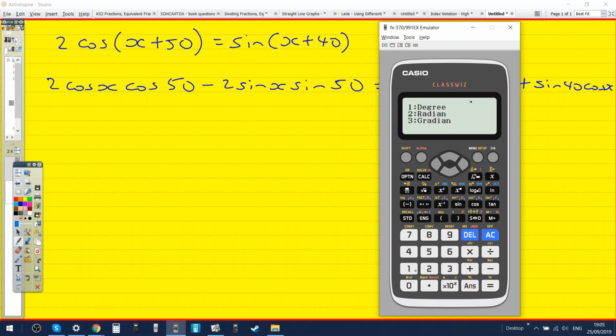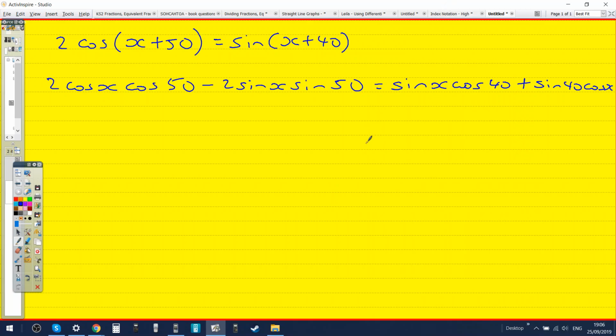So put into your calculator sin 50. Yep. What is it? 0.766. Put into your calculator cos 40. Yep. Is it the same?